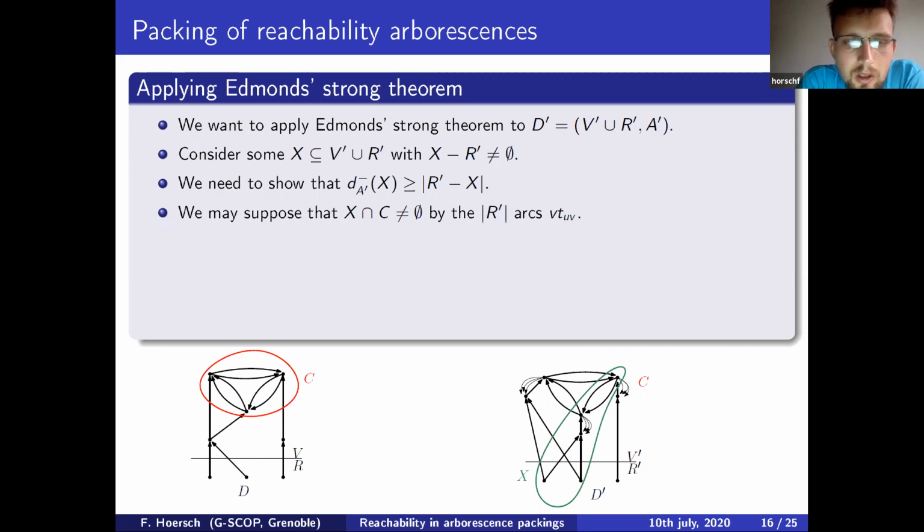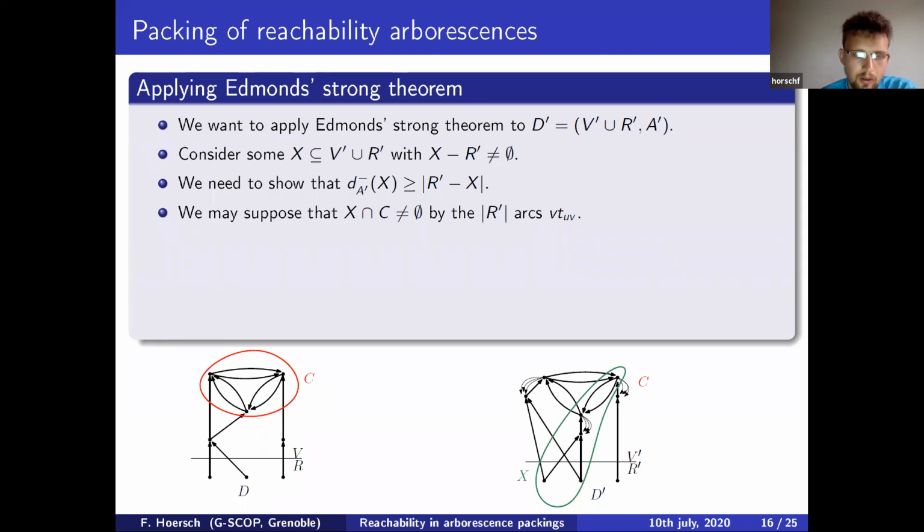Okay. And now I need to define a set in D that corresponds to X, and from whose in-degree in D, I can conclude a big in-degree of X in D prime.